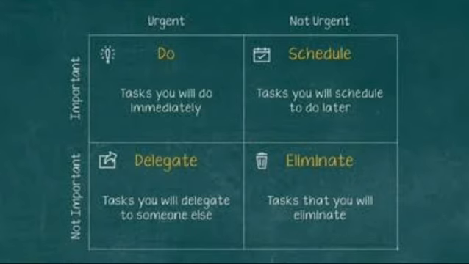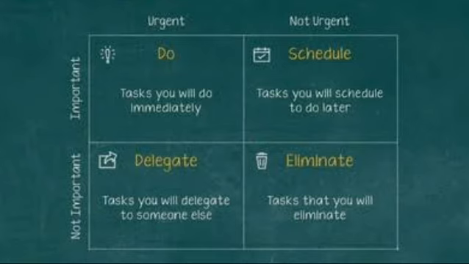The second one is called not urgent but important. The third quadrant is urgent but not important. And the fourth quadrant is not urgent and not important. Using this matrix helps you focus on essential tasks and manage your time more effectively.